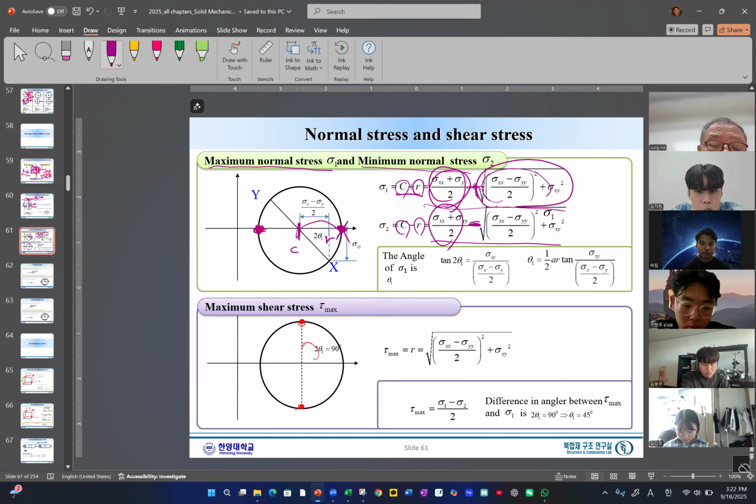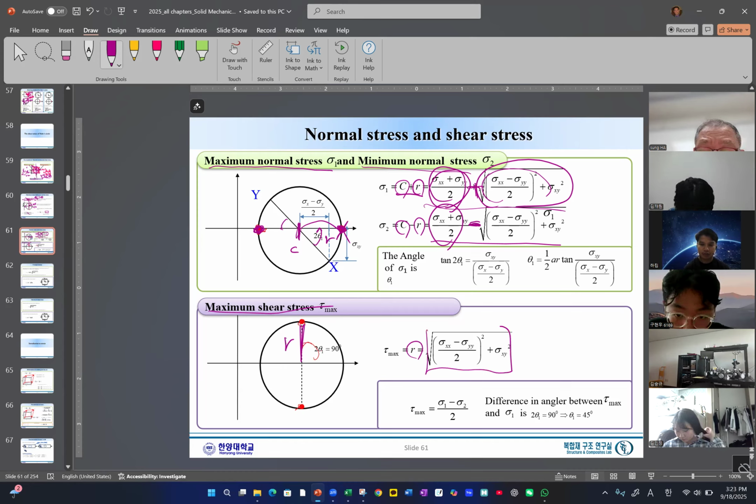And this angle can be calculated from this formula, but it's not so important. Maximum shear stress, well, is simply the radius. Maximum shear stress is the same as this invariant, right?